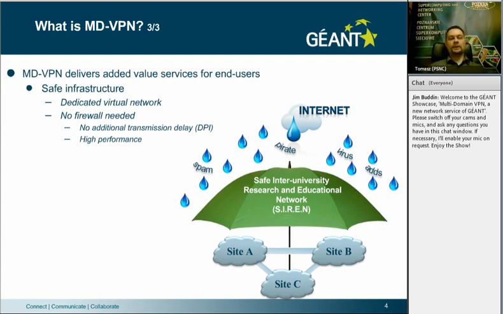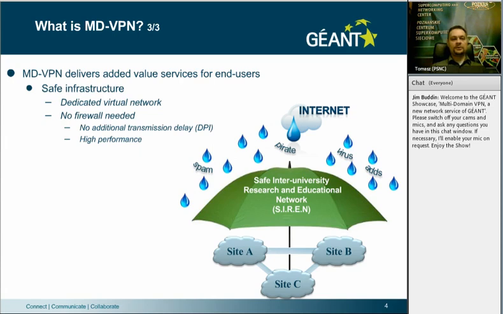MDVPN is a service which delivers some added value for our end users, because currently we are in the VPN environment, so this is a logically separated infrastructure for our users.